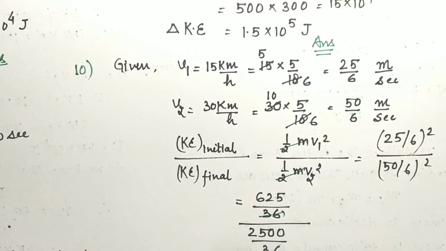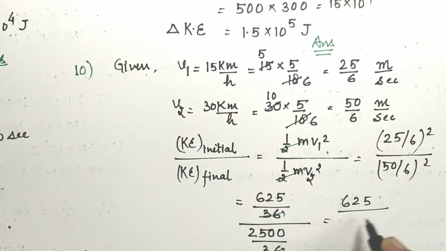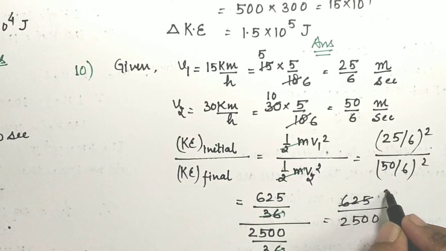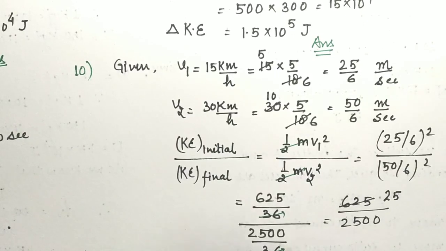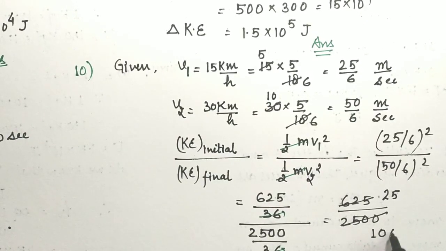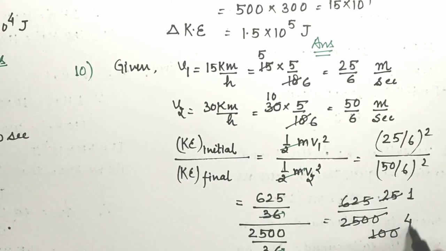We will get 625 upon 2500. If we cut with 25, 625 is there, and 2500 will be 100 times. So 25 ones are 25 and 25 fours are 100.